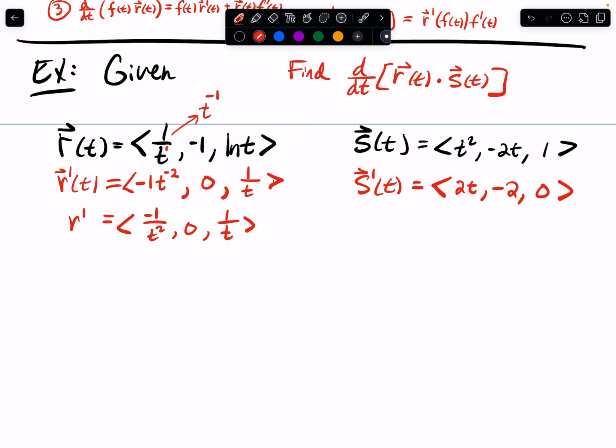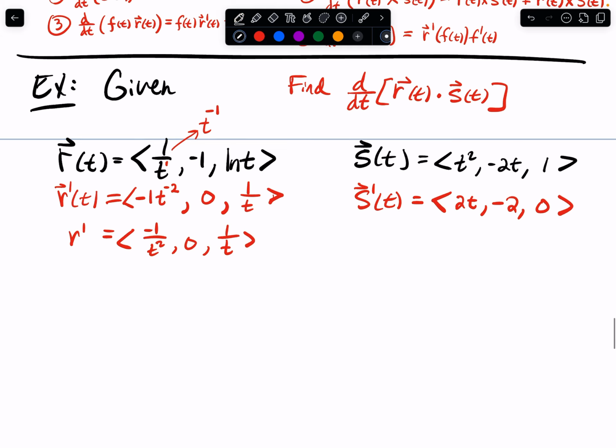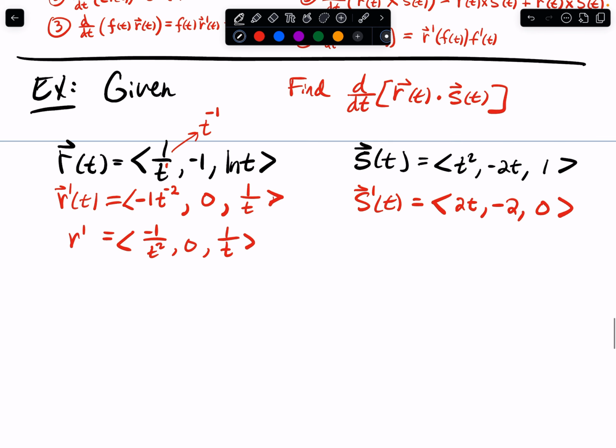So let's calculate this both ways. If the homework question says to verify, okay, verify, then that means it wants you to calculate d dt of R of t dot S of t.